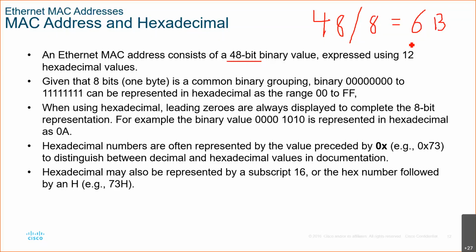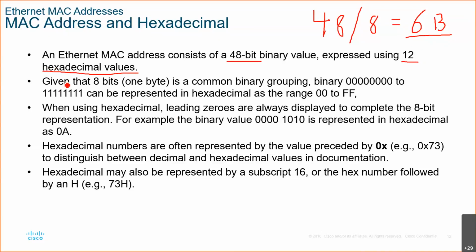In hexadecimal, to represent 1 byte, you have to use 2 hexadecimal values. So to represent 6 bytes, you will need 12 hexadecimal values.